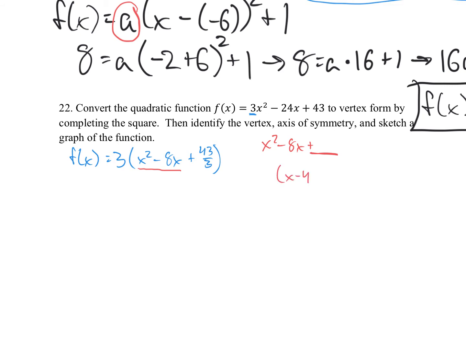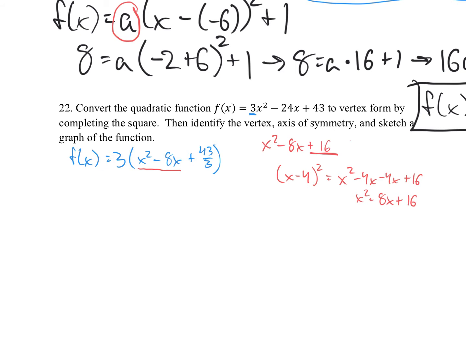So we're trying to figure out what would make (x minus 4) squared. So if we FOIL this out, we end up with x squared minus 4x minus 4x plus 16, right? And that's x squared minus 8x plus 16. So we want to have a 16 on the end there.